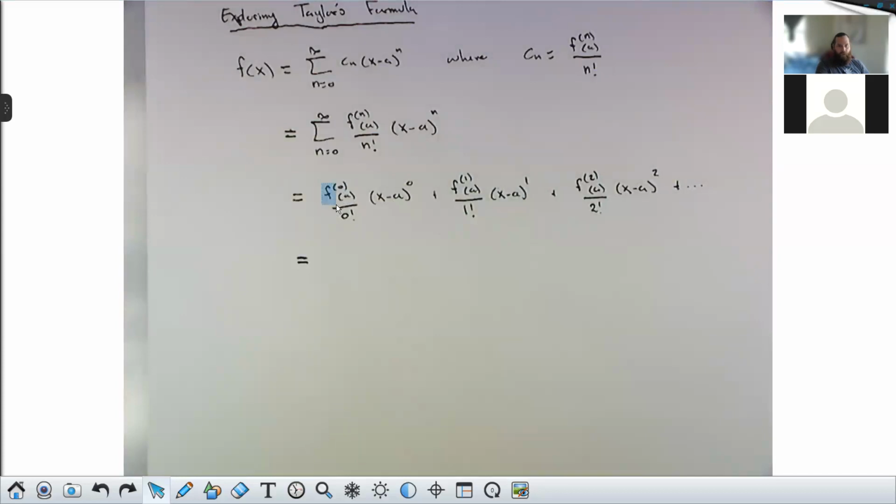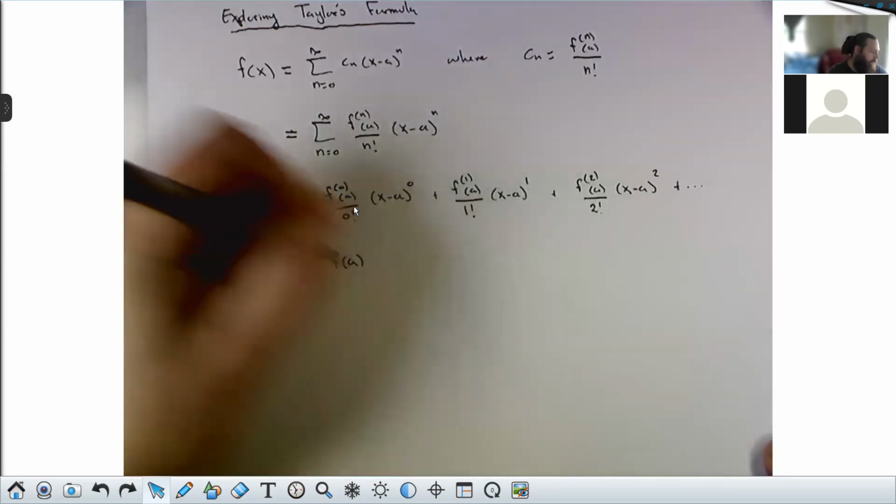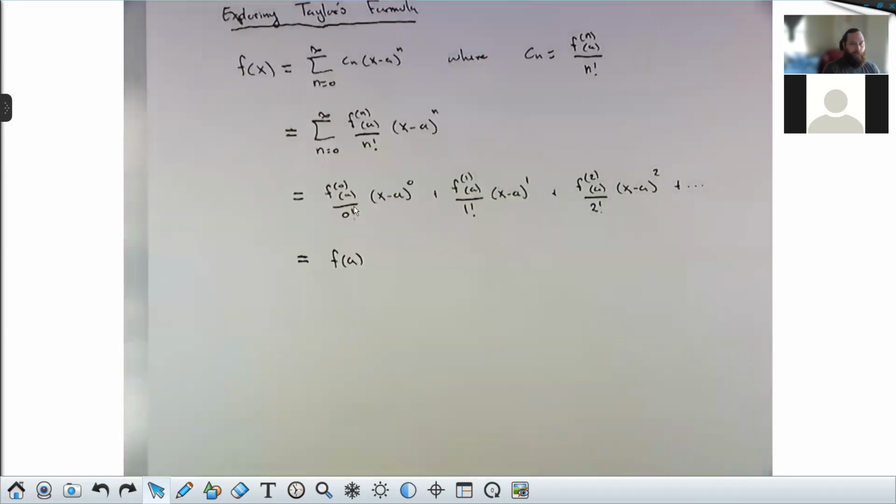So this is take f, differentiate 0 times, and then plug in the number a. This is f of a. Zero factorial is 1, so f of a divided by 1, that's still f of a. (x minus a) to the 0 is also 1.